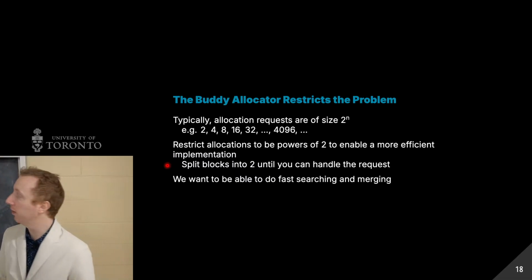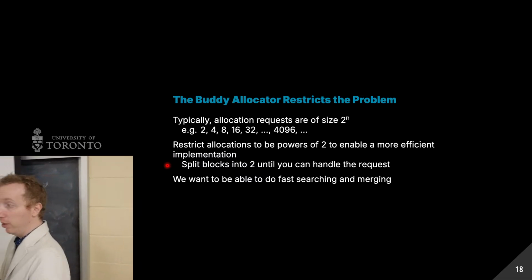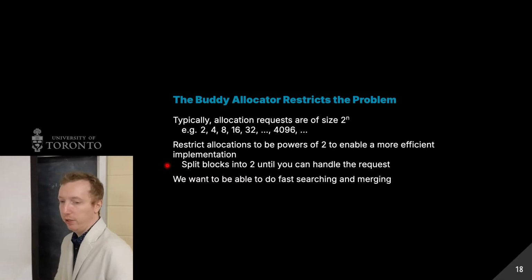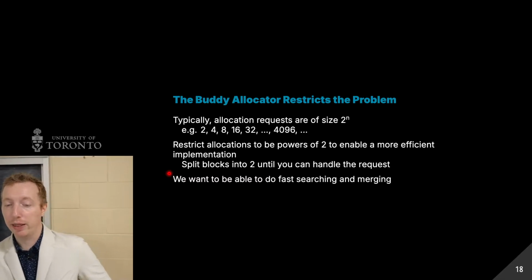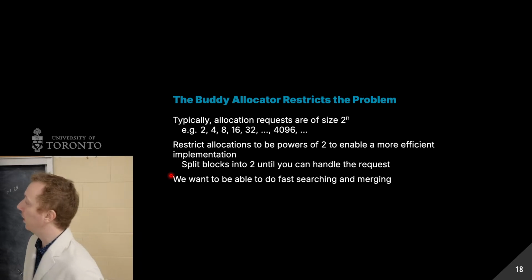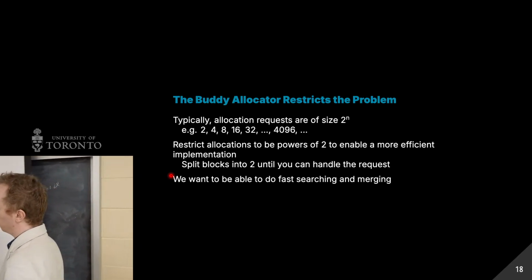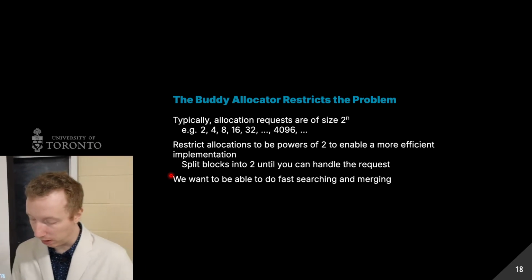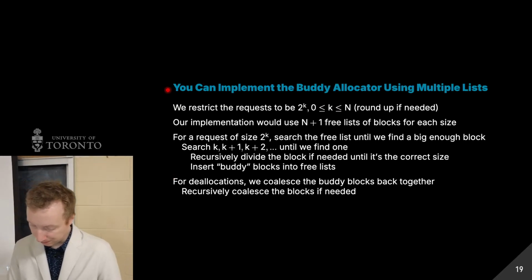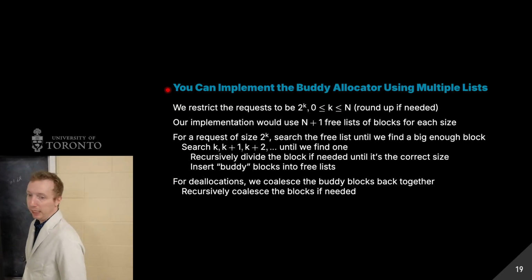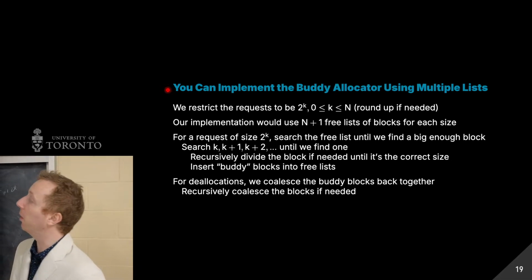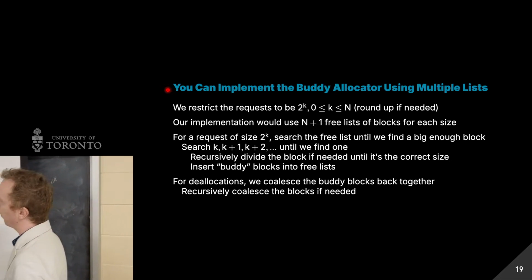What it does is it splits blocks in 2, possibly recursively, until you can handle the request. And the whole purpose of this is so we can do fast searching and merging. So we'll go into an example of that. To implement the buddy allocator, you do it using multiple linked lists instead of just one free list.